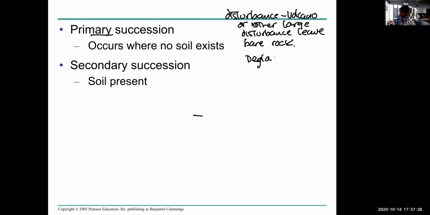Deglaciation, or glaciers retreating, is also such a disturbance. There's no soil. Secondary succession occurs when there's soil present.